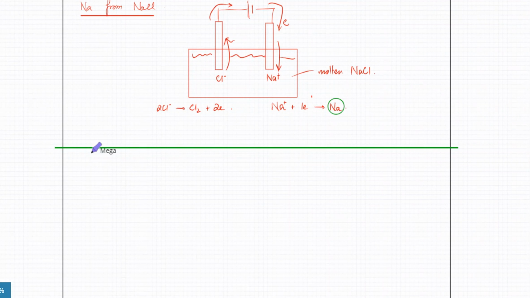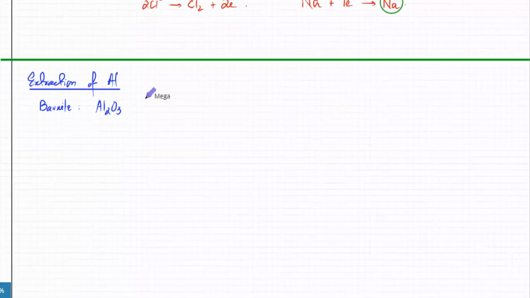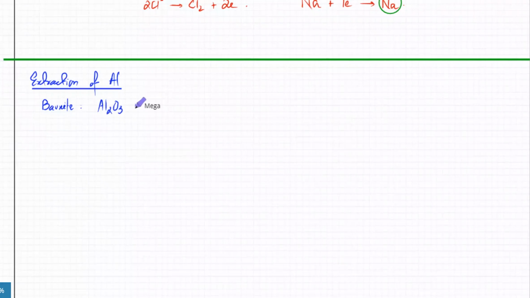So extraction of aluminium. अच्छा, extraction of aluminium में you've got bauxite, which is the ore of aluminium. It's got Al2O3, that's the main component of bauxite. Plus, it's got other things as well. It's got impurities in it.